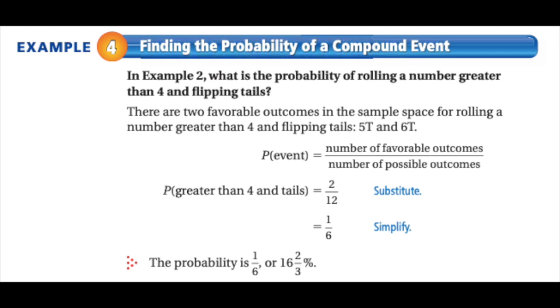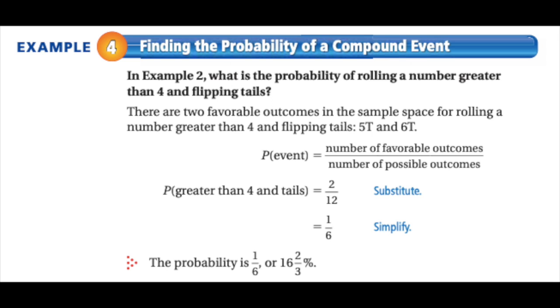This goes back to example 2, where you actually wrote out in that first method the entire sample space. With this, we want to know the probability of rolling a number greater than 4 and flipping a tails.